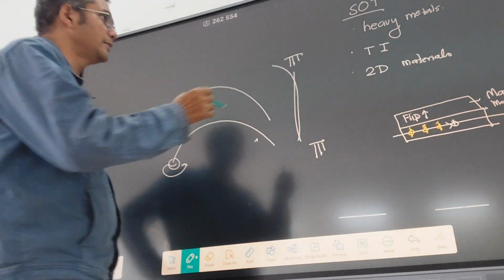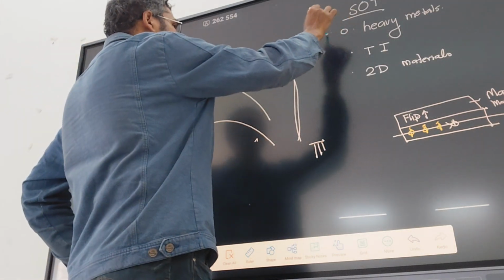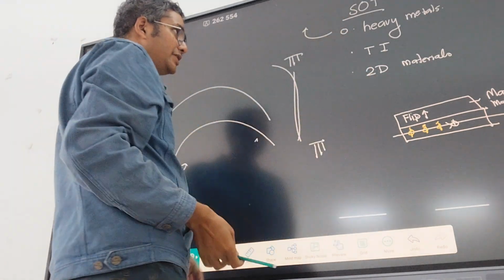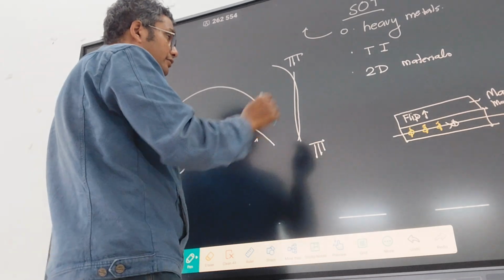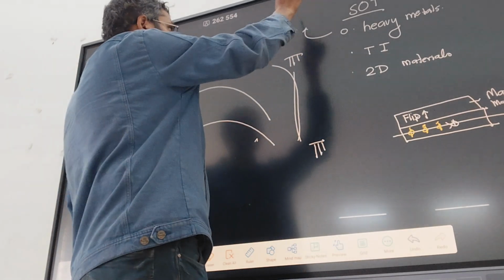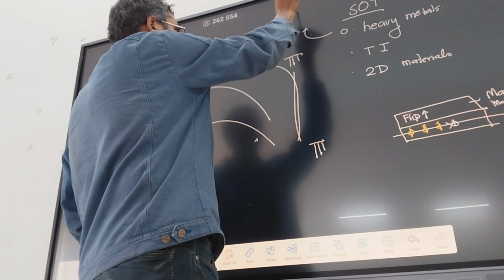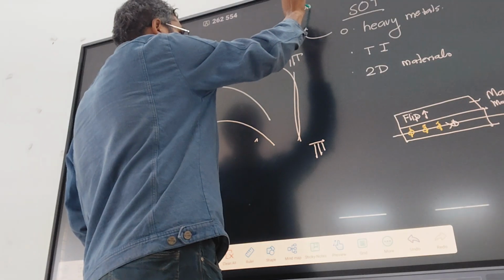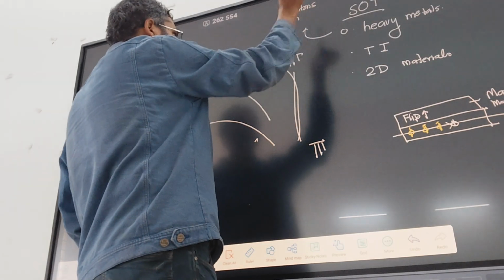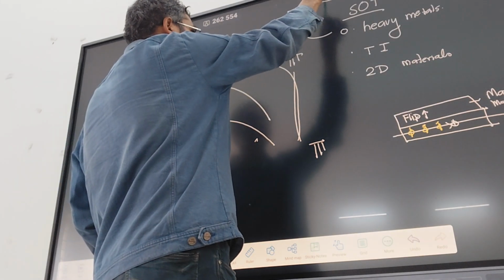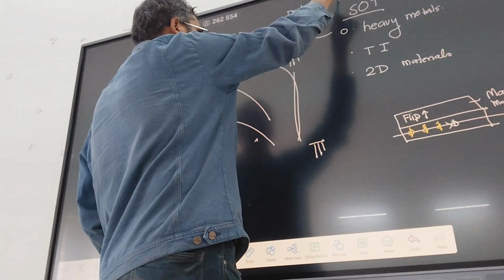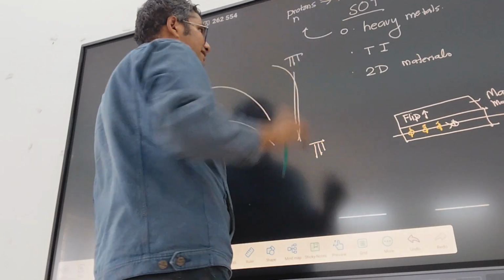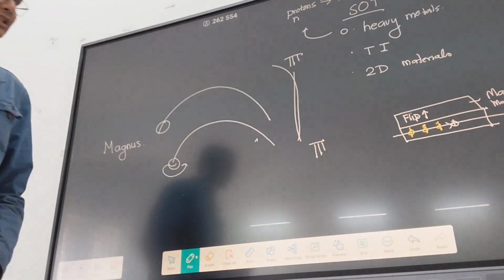Why are we using heavy metals? Because the electric field here is very strong. The electron is under the effect of the electric field. Due to the very high number of protons and the nucleus combination, it leads to a very high electric field. This is the reason.